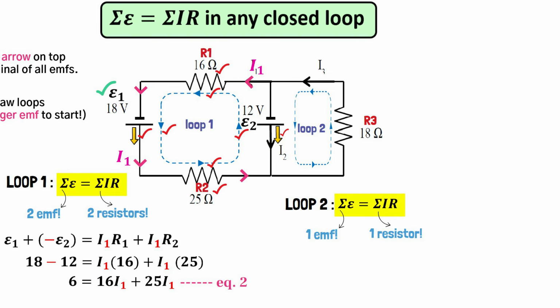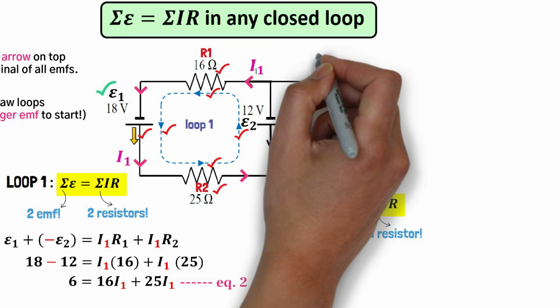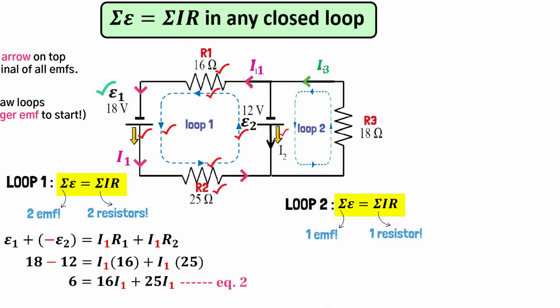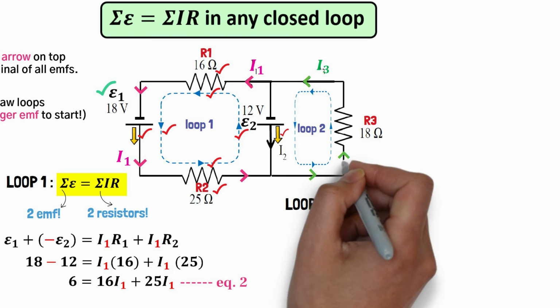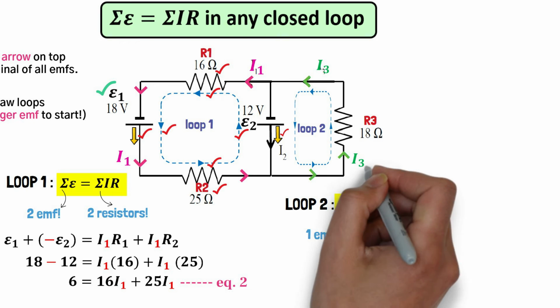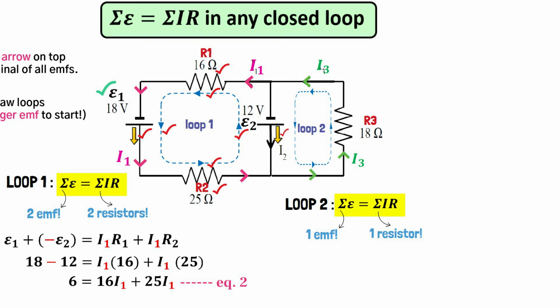Jadi, disebabkan soalan dah bagi kita direction of I3, so saya hanya labelkan saja I3, where the direction of current I3 saya labelkan sebagai warna hijau. Okay? So, jadi I3 soalan dah label dekat atas tu, that's mean the flow of current I3 mesti lalu pada R3. Okay? So, let's write the equation. So, we have only one EMF.